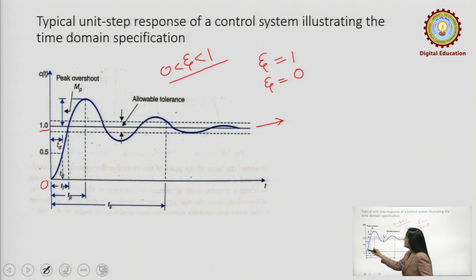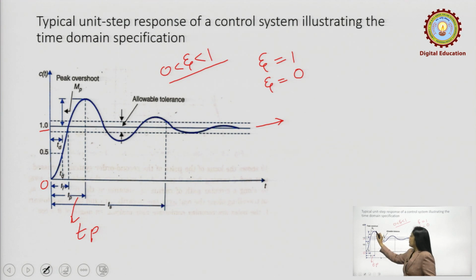Since from the time 0, the response curve reaches the first overshoot at the time t p. This distance from 0 till the time the response reaches the first overshoot is termed the peak time, written as t p.